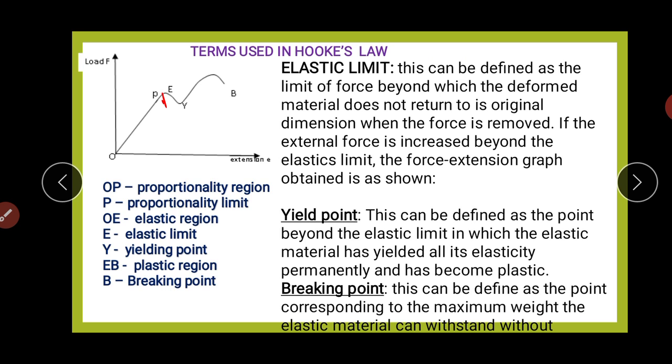So any point after the elastic limit, the material under consideration becomes plastic. That's why E to B is the plastic region. From O to E is the elastic region because any force we apply is still directly proportional to the extension.